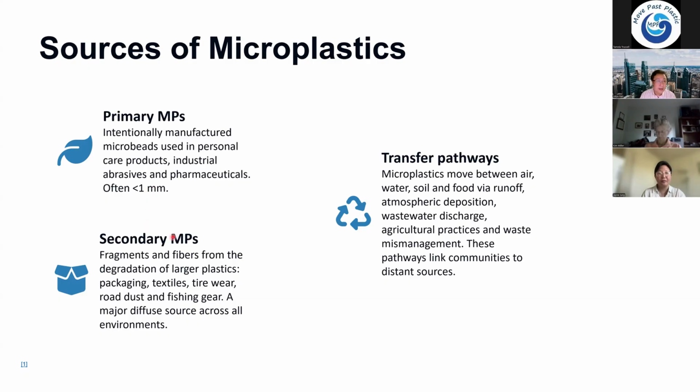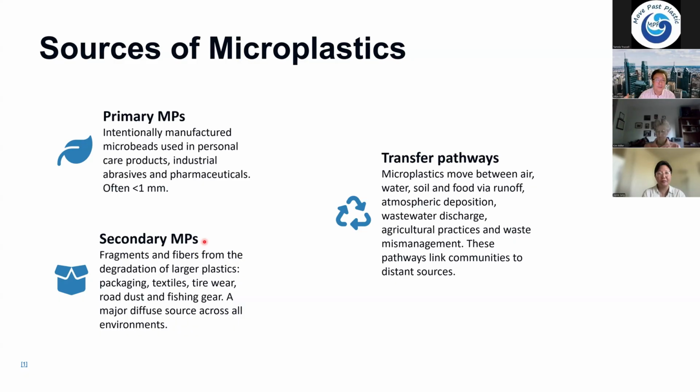Another source of microplastics is the secondary microplastics. These secondary microplastics are not intentionally manufactured, but arise once consumers use plastic materials, such as empty plastic bottles or food containers.